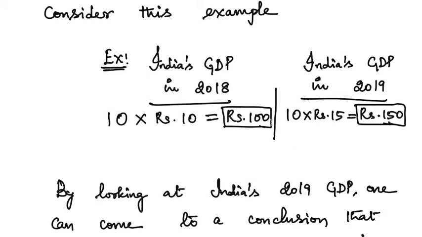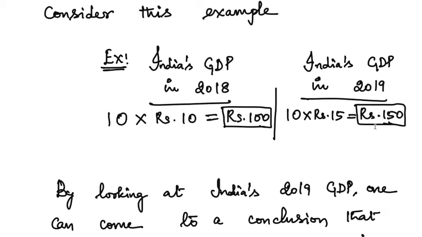If you just look at the value, one might think that the country's GDP has grown, and might also think that the country is now producing more goods and services. If you just look at these two values, that's how anybody will think. But this may not be true in all cases.